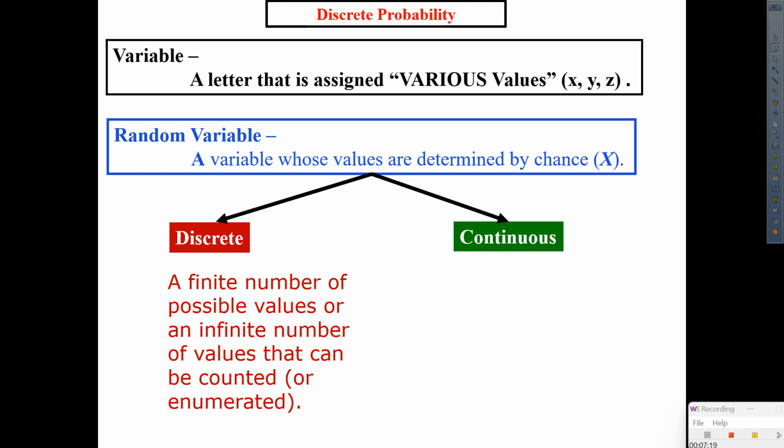However, if I was to say, IHS students that just got their driver's license vary in speed as they drive in the county. What do you guys think, everybody goes at the speed limit, especially you guys?